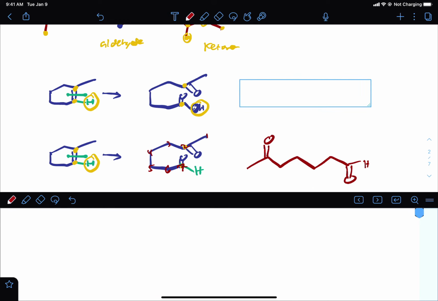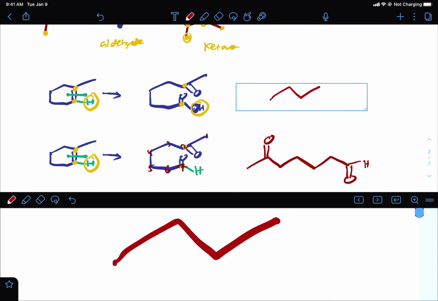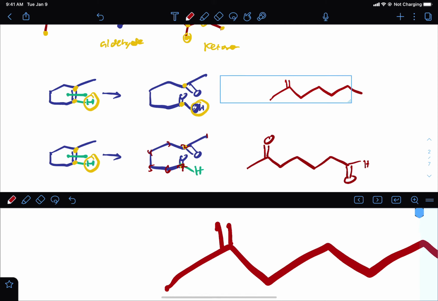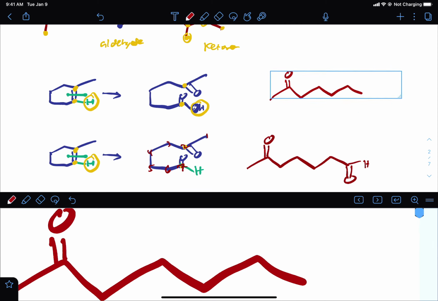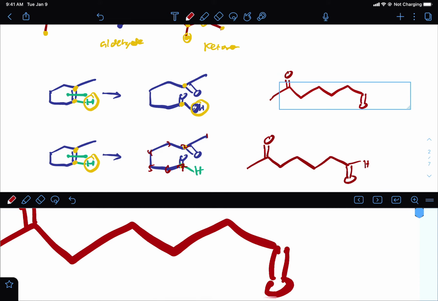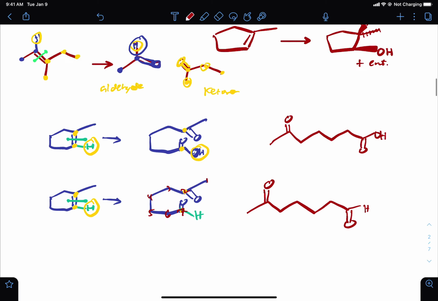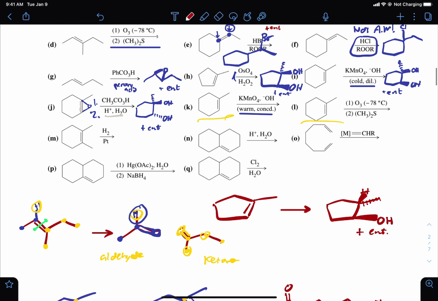In the other molecule, 1, 2, 3, 4, 5, 6, 7, we have the ketone in the same place, but the aldehyde gets converted to a carboxylic acid. So that's the ozonolysis version of that. Just have to ask yourself, what do you want? If you want the aldehyde, you need ozonolysis.